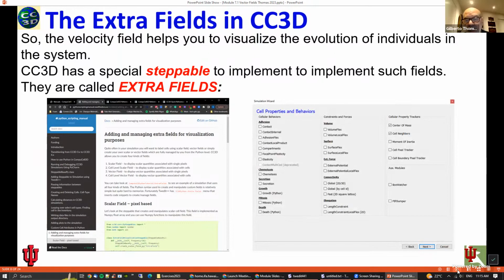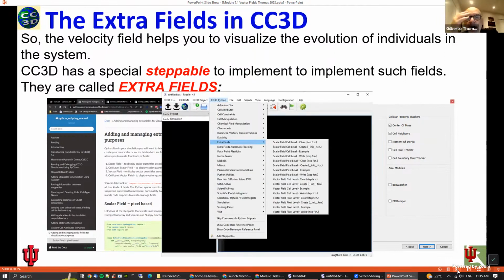One thing I must say is that these extra fields are not included in the simulation wizard. You cannot find the box to mark it, to include at the beginning in the simulation. We have to do this by hand after the simulation is built. How?